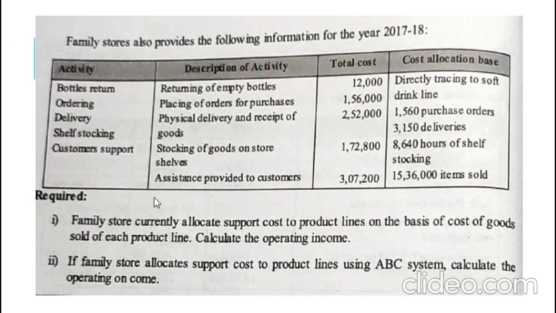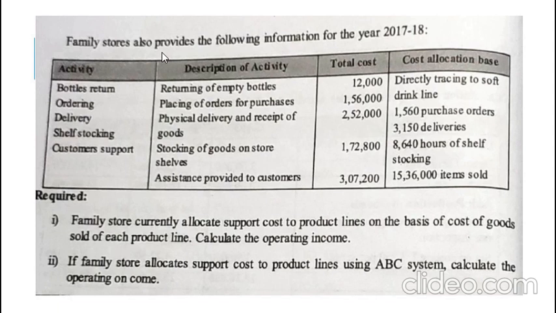So first we calculate our operating income on the basis of cost of goods sold, as they have given here: Family Store currently allocates support cost to product lines on the basis of cost of goods sold. Support cost is the cost incurred for producing that particular product.